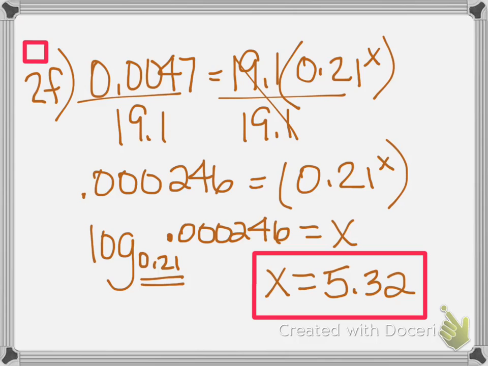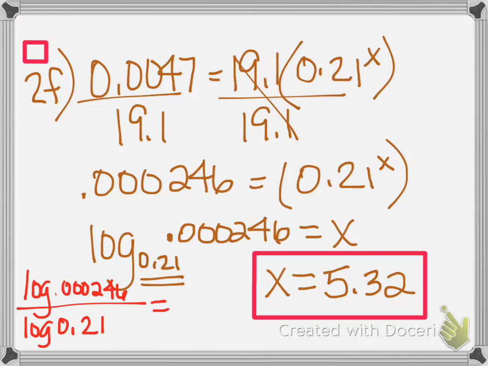So your change of base formula would say log of A, so 0.000246, divided by log of B, which is 0.21, and then that is how you would get this solution without having the calculator that we use at school. So on your quiz, you can calculate the logs like this using the change of base formula and get the solutions on your quiz.